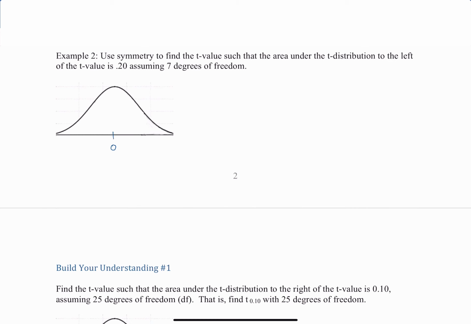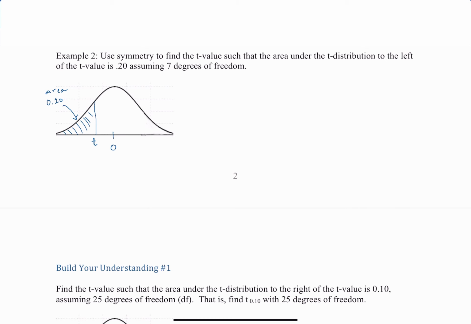We're looking for a t-value that has less than half area to the left. We're looking to have area to the left being 0.20. And again, the reason I know this t-value is to the left of the mean is half the area is to the left of the mean, and we want less than that to the left of our t-value.